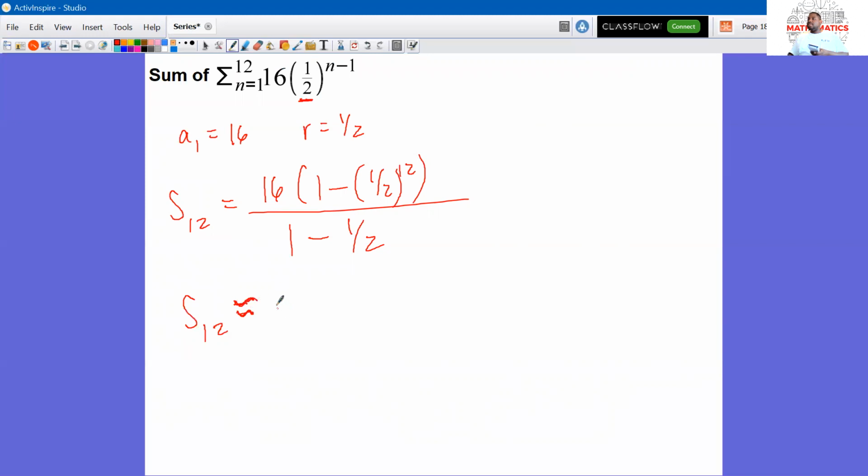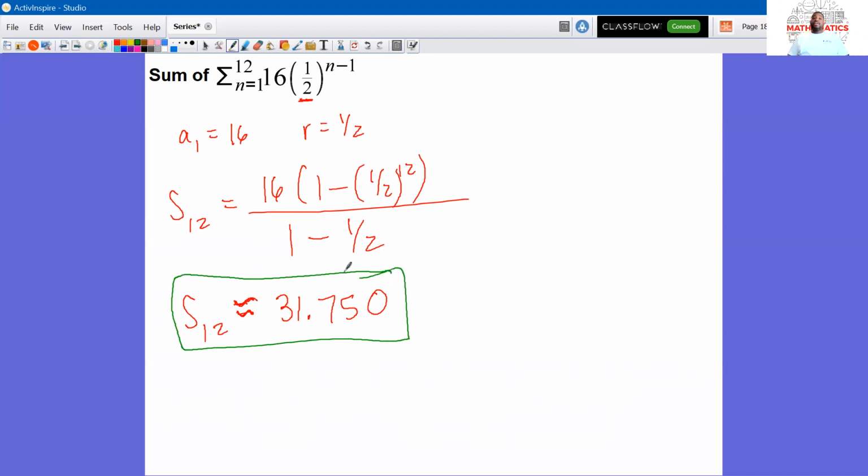Correct to 3 decimal places, 31.750. Okay, 31.750. Correct to 3 decimal places. So you're going to find the sum of a geometric series. Round your answers correct to 3 decimal places.